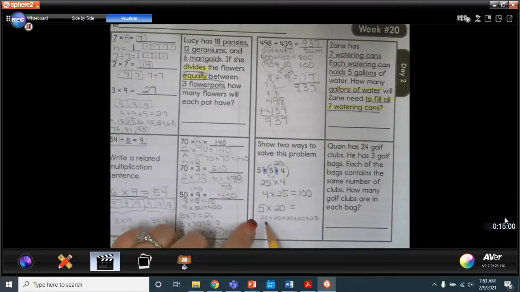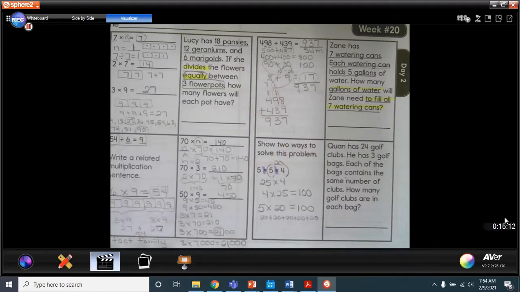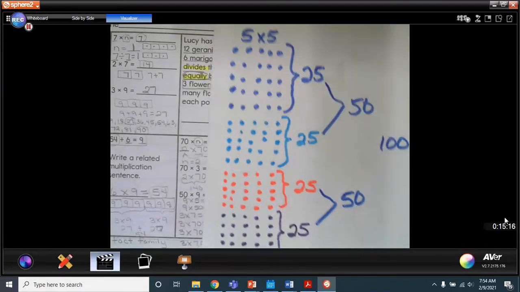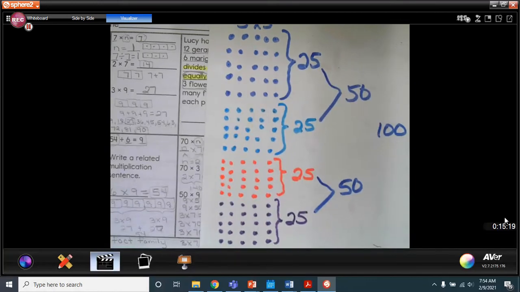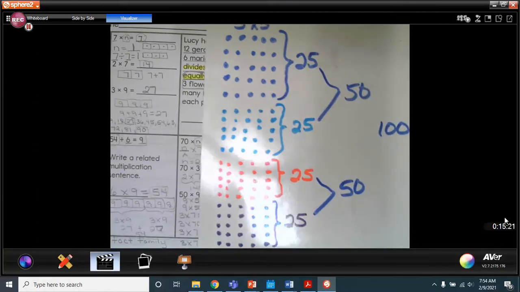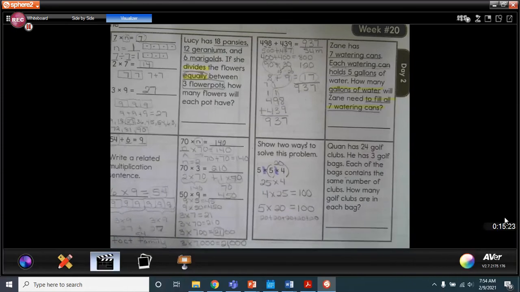Well, 5 groups of 20 is 20, 40, 60, 80, 100. Still going to end up with our 100. So again, 2 different ways to look at this, but you can use what you know about multiplication to help you model this. Because multiplication is groups of the same amount, okay?